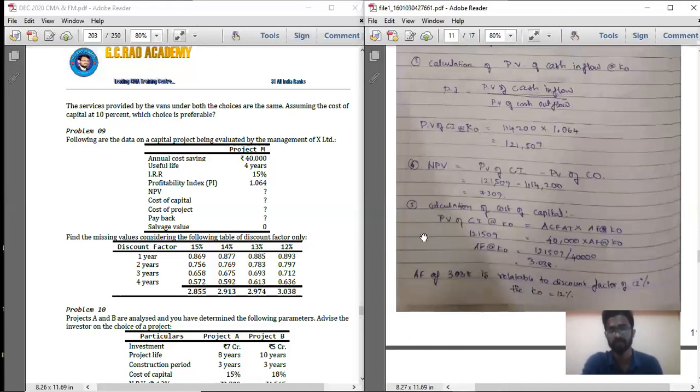So below that, point number 5, calculation of cost of capital. Present value of cash inflow at cost of capital is equal to annual CFAT into annuity factor at cost of capital.